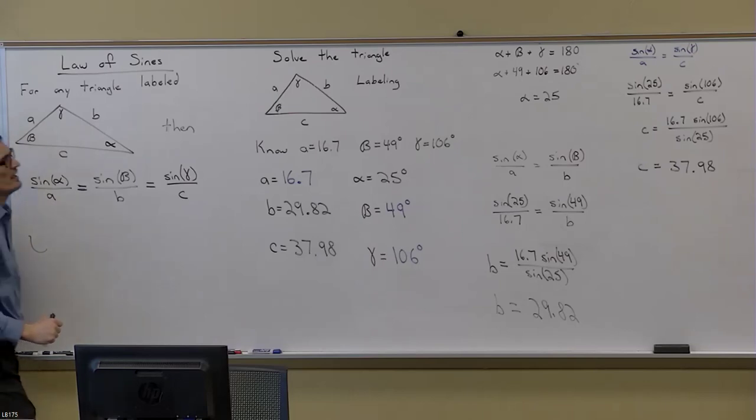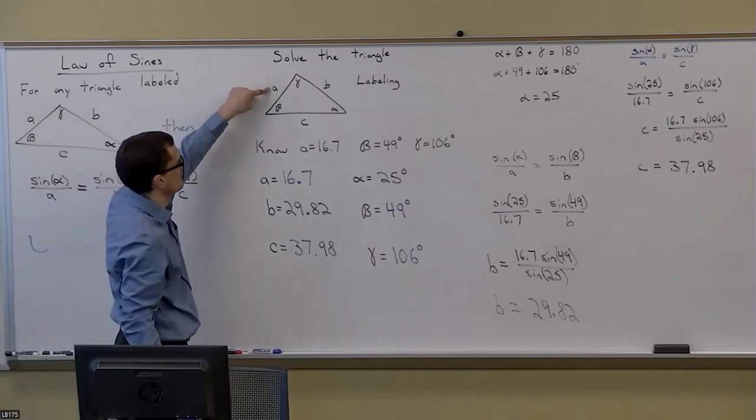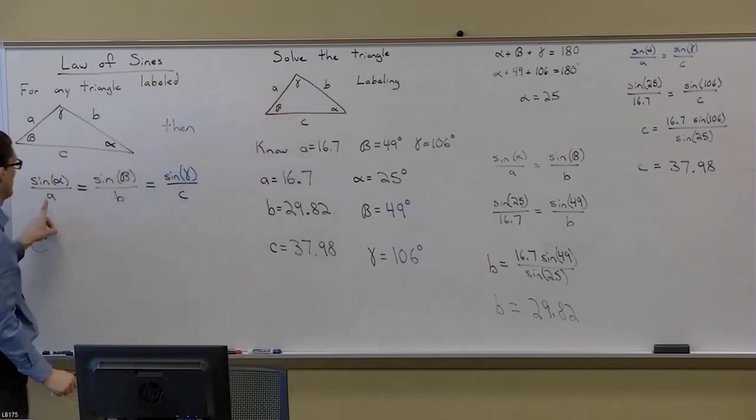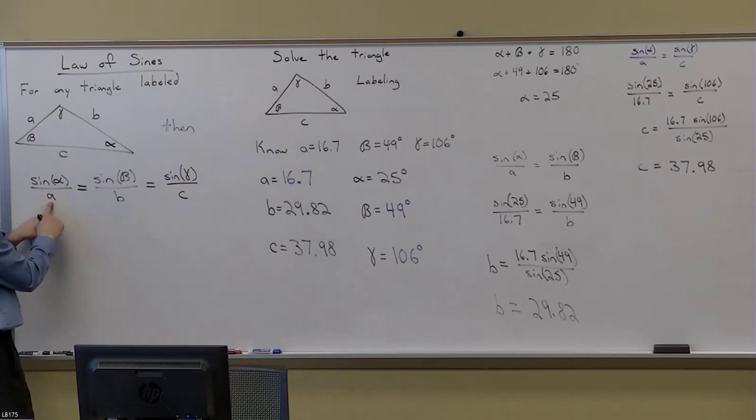The other one is when I have a side length, the angle in between, and then another side length, because then I have one thing here, one thing here, one thing here, right?